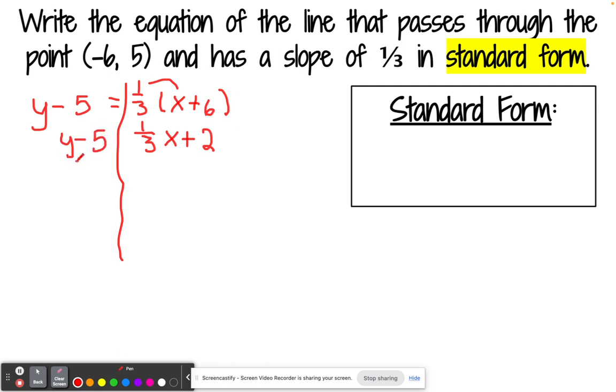Let's add 5 to both sides. Notice I'm going to be in slope-intercept form again. Always do a nice little pass through there. Y equals 1/3 x plus 7.